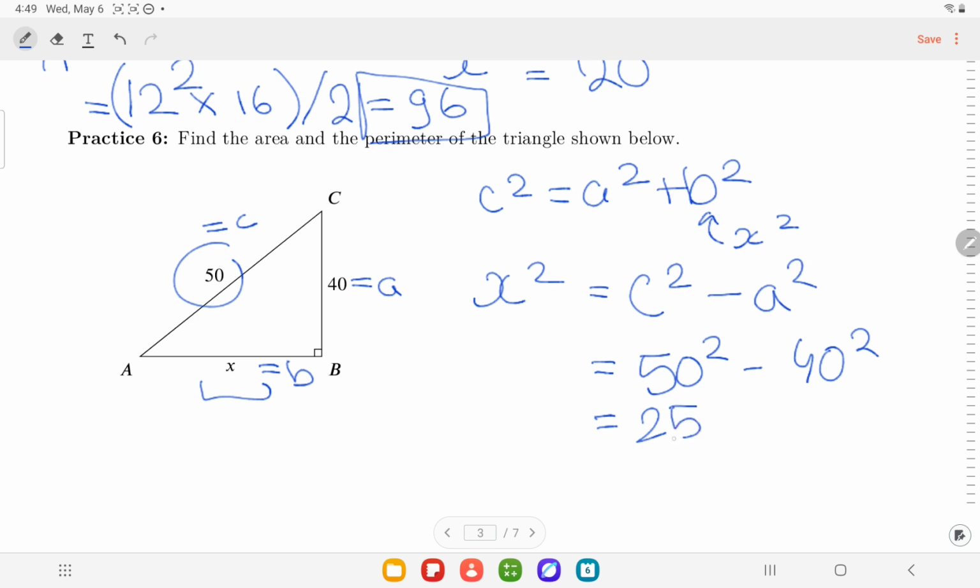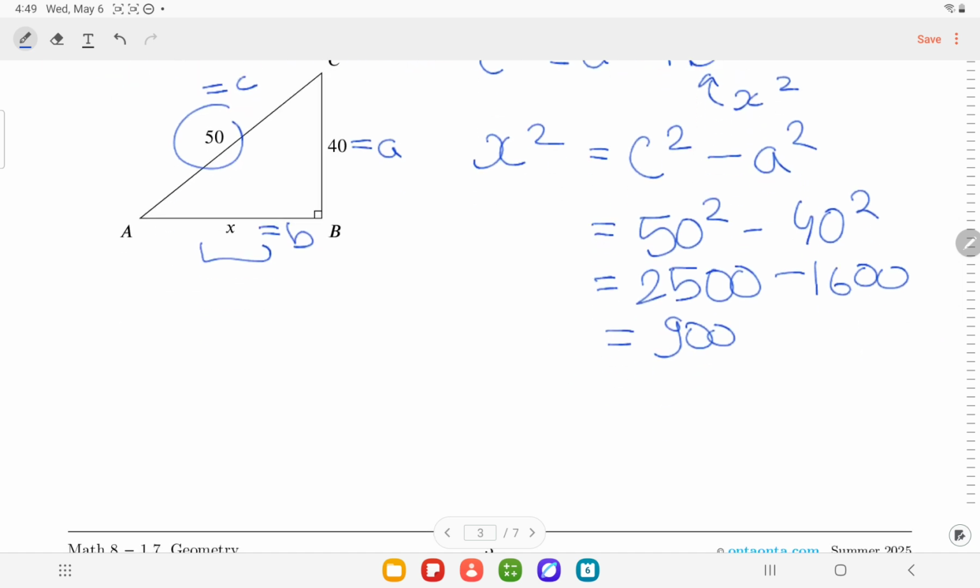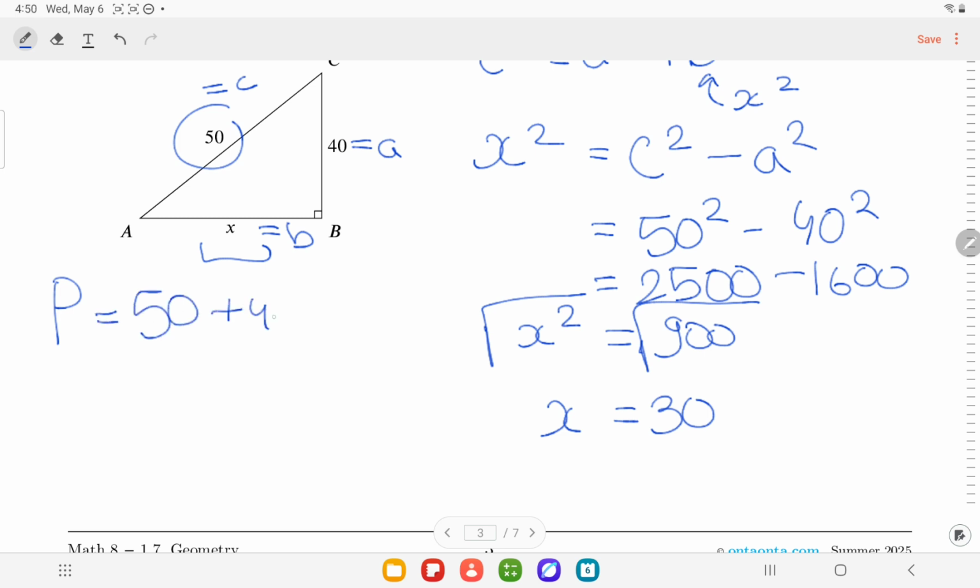So we end up with 900. And then this is equal to x squared, so we need to take the root of both sides to find that x is 30. And now we can find the perimeter, which is all the sides added together.